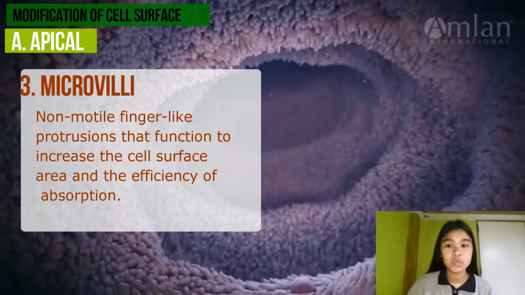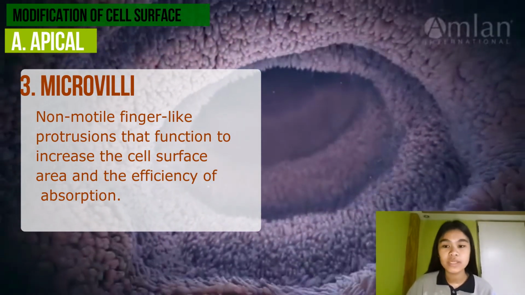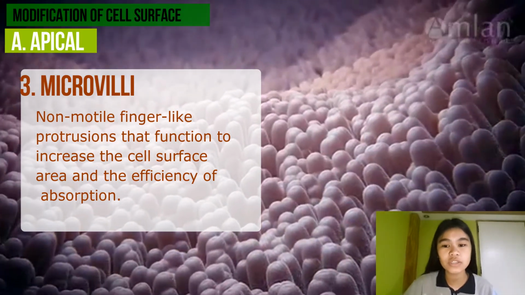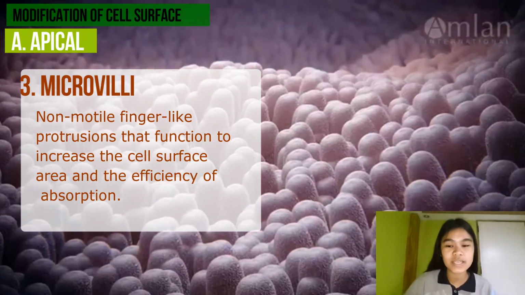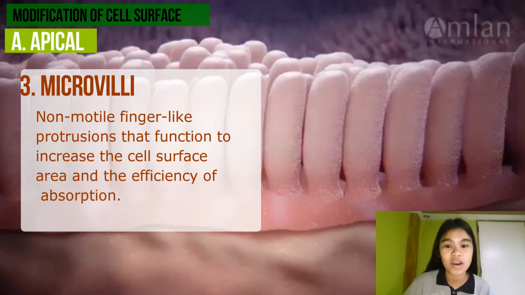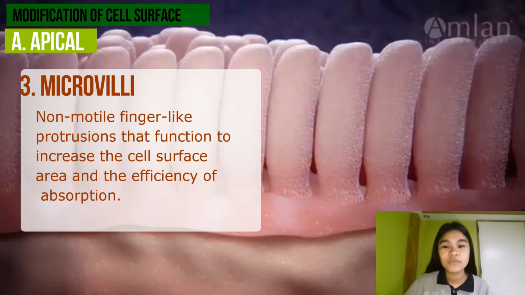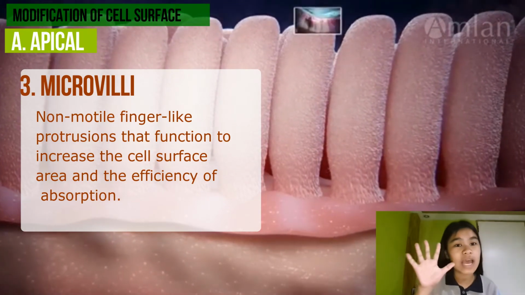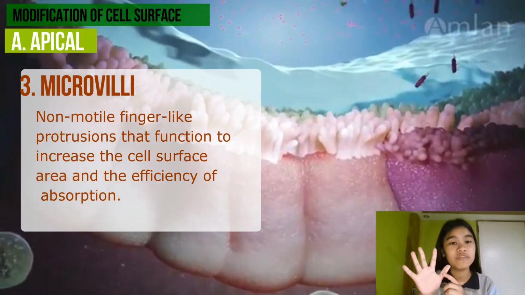So, we have the third one, the microvilli. So, it is a non-motile finger-like protrusions that function to increase the cell surface area and the efficiency of absorption. So, for absorption, naman tong microvilli. So, finger-like. So, saan tong microvilli? So, this is the finger.